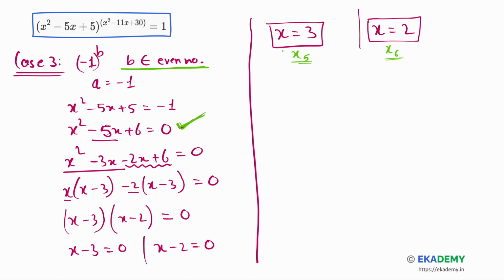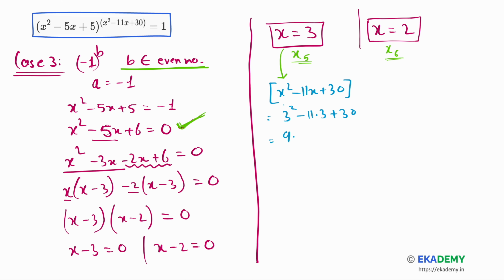So first let's use x equals 3 in B. So B is what? X square minus 11x plus 30, right? And we are going to put x as 3 here. So that means 3 squared minus 11 times 3 plus 30.